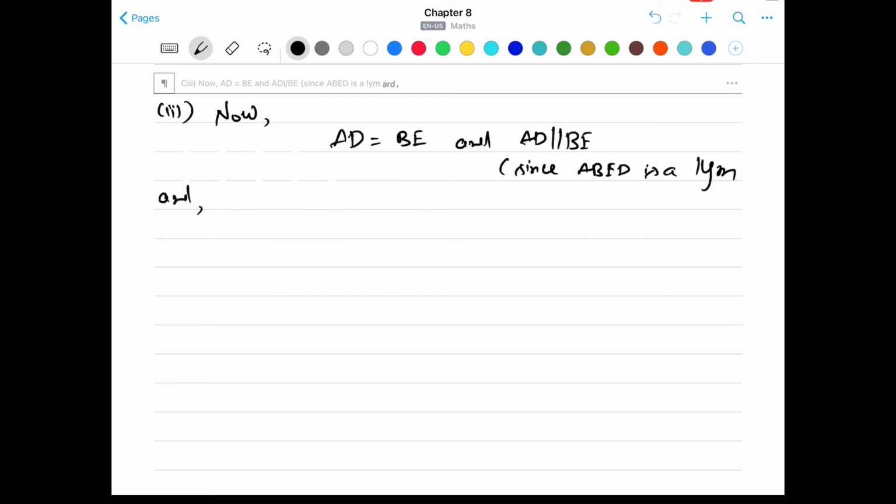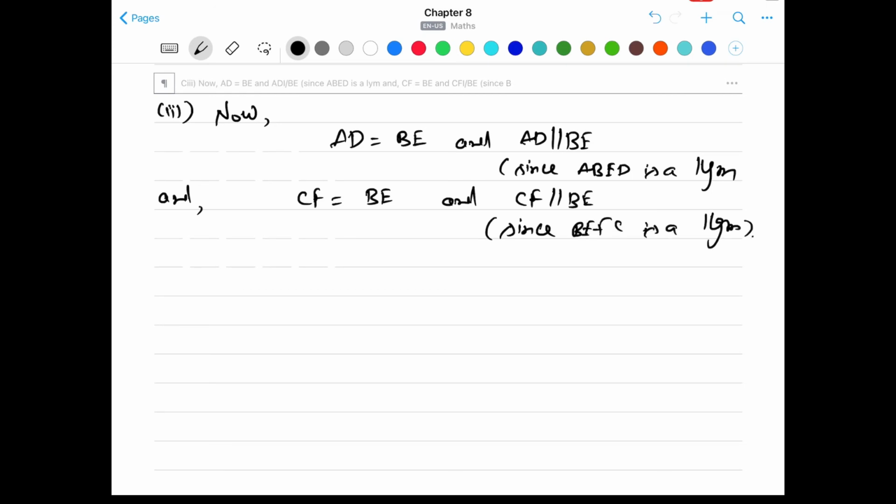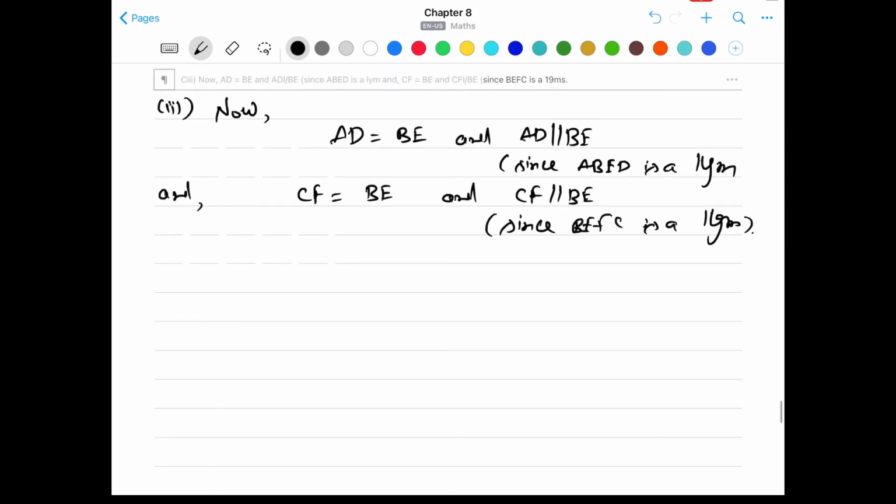And we also have that CF is equal to BE and CF is also parallel to BE. This is since BEFC is a parallelogram. Okay, so what we got here is that AD is equal to BE and CF is equal to BE. That means AD and CF are also equal. Similarly, AD is parallel to BE and CF is also parallel to BE, so AD and CF will also be parallel.